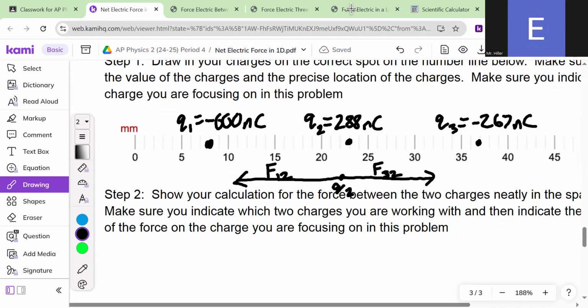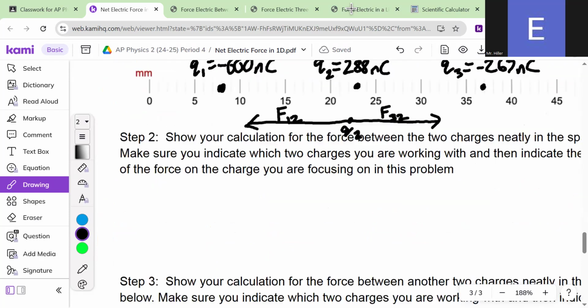Since your force vectors are going in opposite directions, you'll be subtracting them. You subtract the bigger force minus the smaller force. So I'm going to wait to see which one we subtract based on the magnitude of these 2 forces. That's what we're going to calculate.